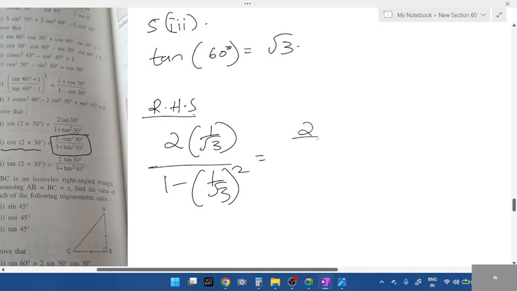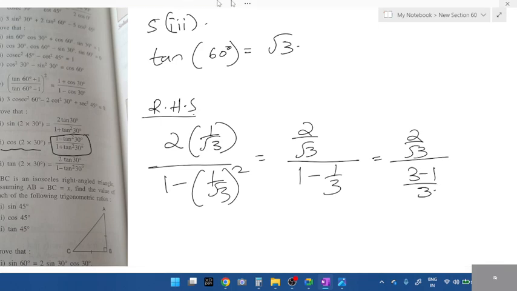So what do you get? 2 by root 3 divided by 1 minus 1 by 3. 2 by root 3 divided by, when you take LCM, what do you get? 3 minus 1 divided by 3.